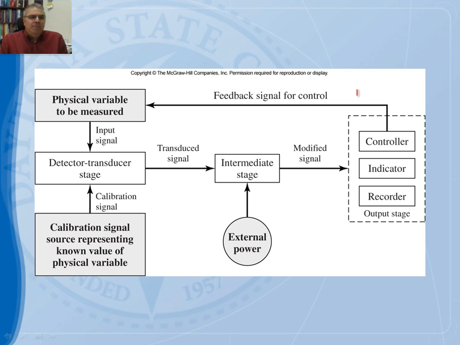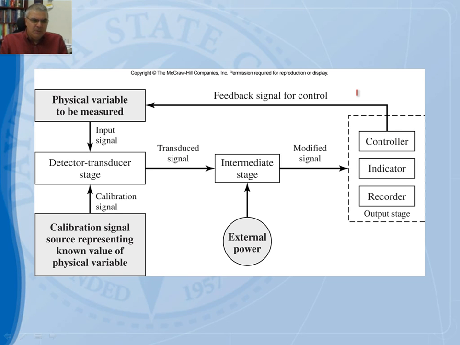So here's a diagram that perhaps clarifies what I just described. Again, there's a physical variable to be measured here, and we get an input signal. We would go through the detector transducer stage, and the signal would be extracted. It's going to be a transduced signal.